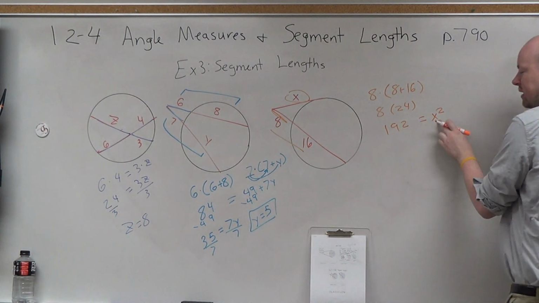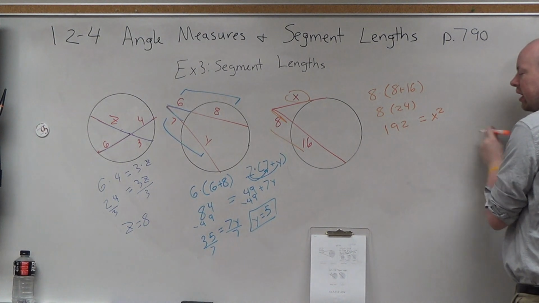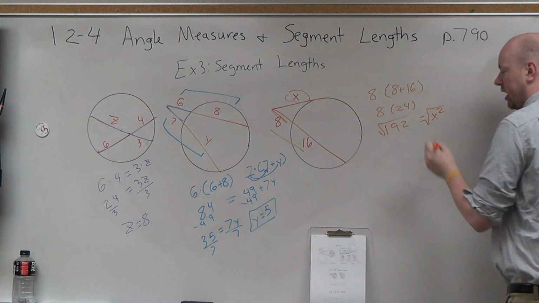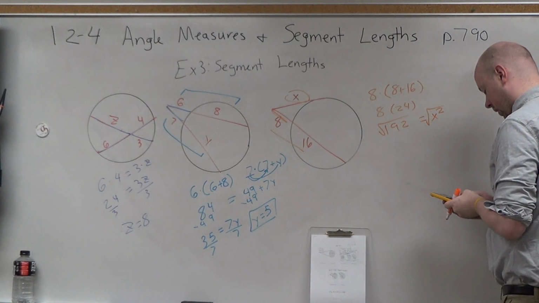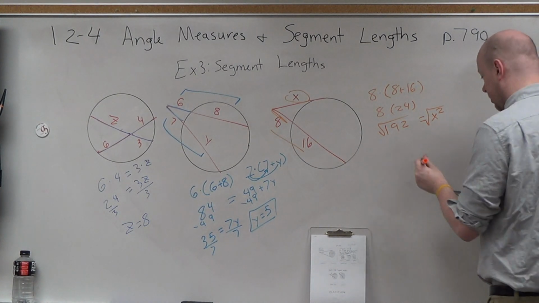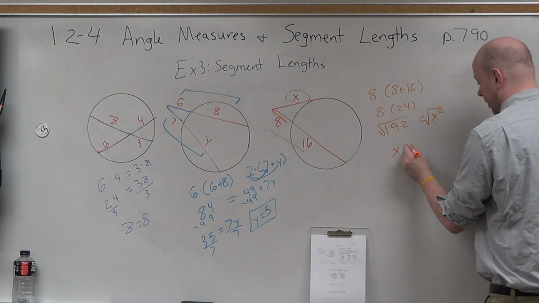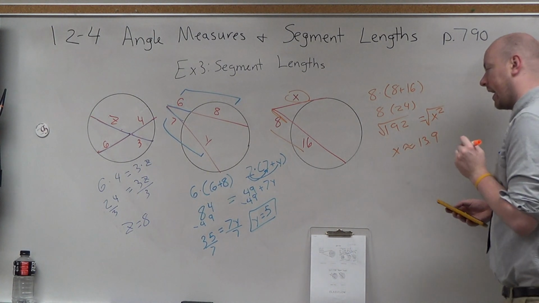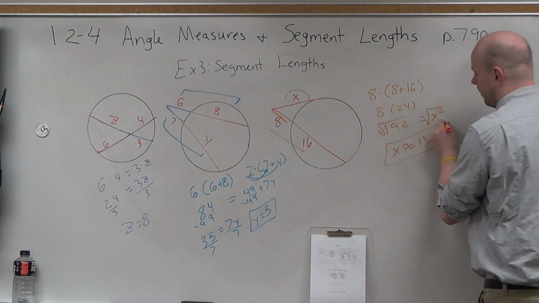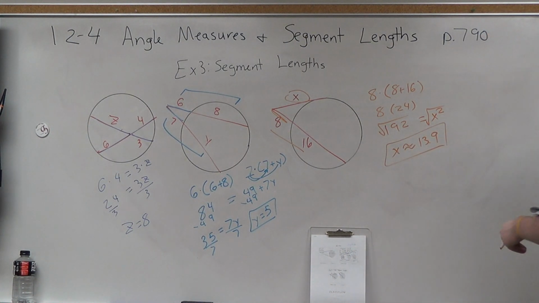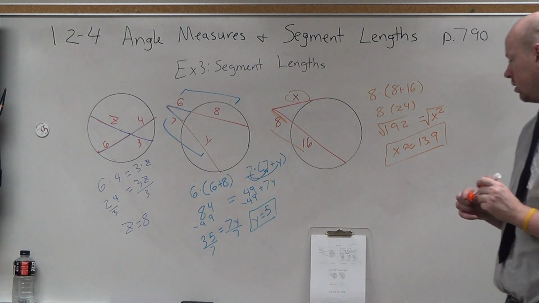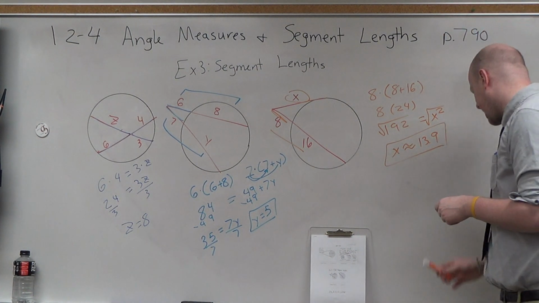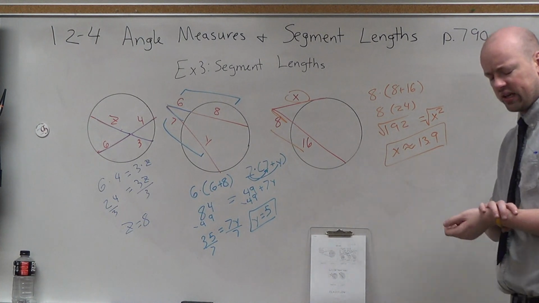So then to get x by itself, how do I undo that square? Well, I have to square root. So square root of 192, which is x is roughly, or estimating about 13.9. So 8, 5, and roughly 13.9, or just the square root of 192.